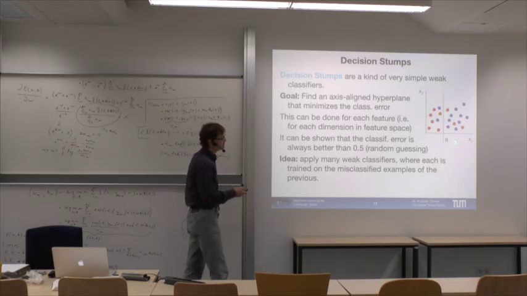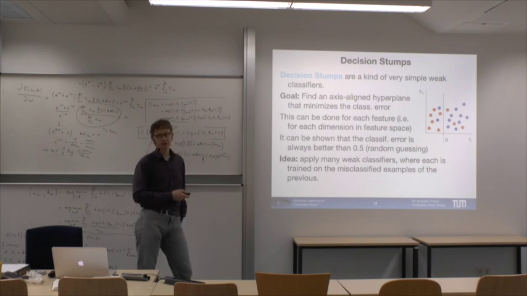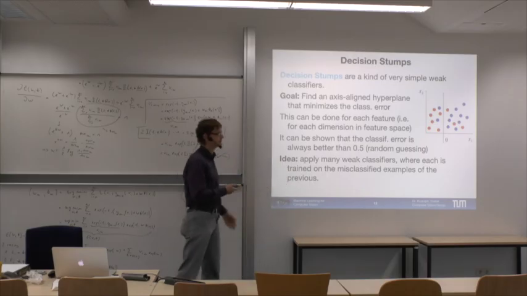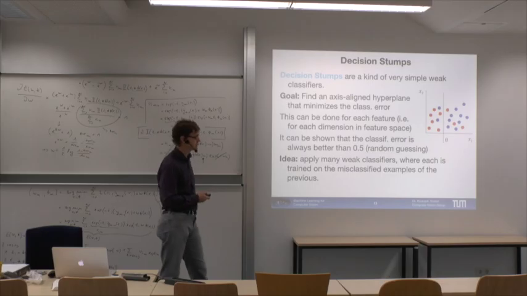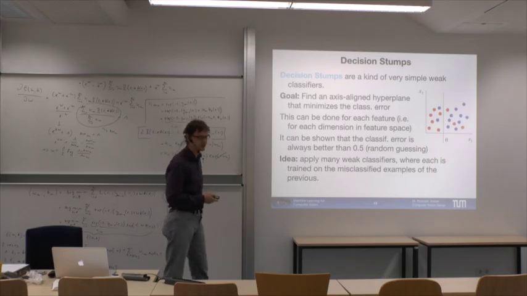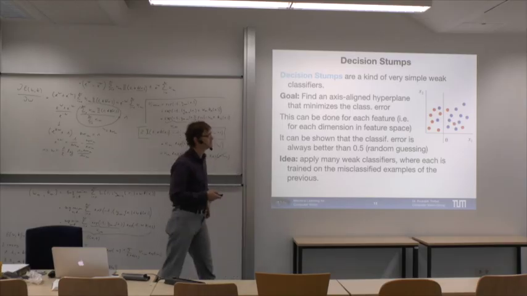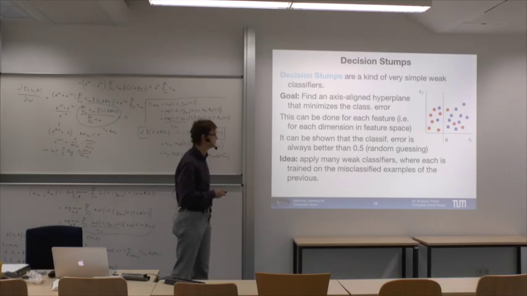And in all these positions, you simply count how many do I have on the left side and how many do I have on the right side. And then you just look at how many wrong ones do I have on both sides, and you sum up the wrong ones. For example, you would have 2 blue ones on the left side, which is wrong, and you would have 3 red ones on the right side, which is also wrong. So you then would say your classification error is 5, for example. You could do something like that, right?